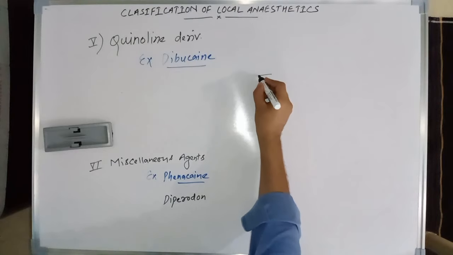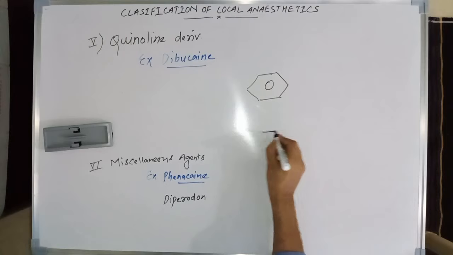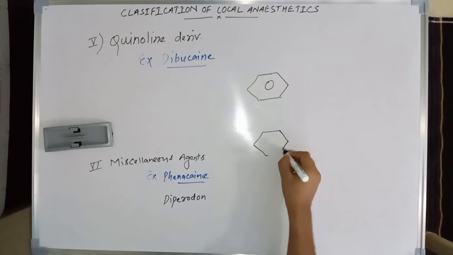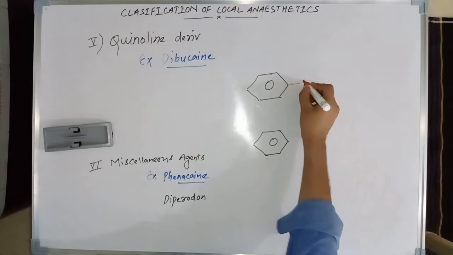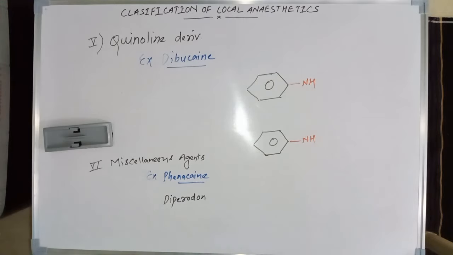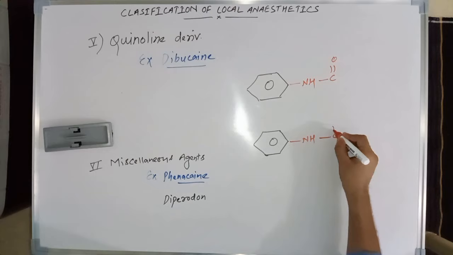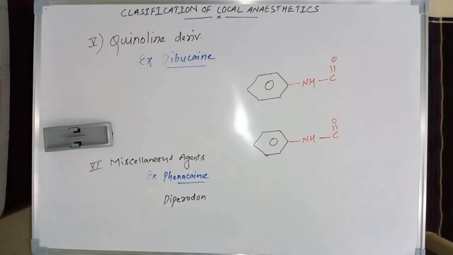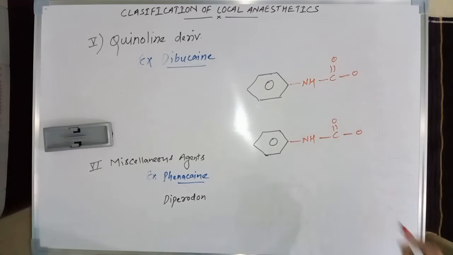Draw again two benzene rings, and here you draw NH, and here again NH. Now each NH is directly linked to C double bond O. Then this is again linked to oxygen.